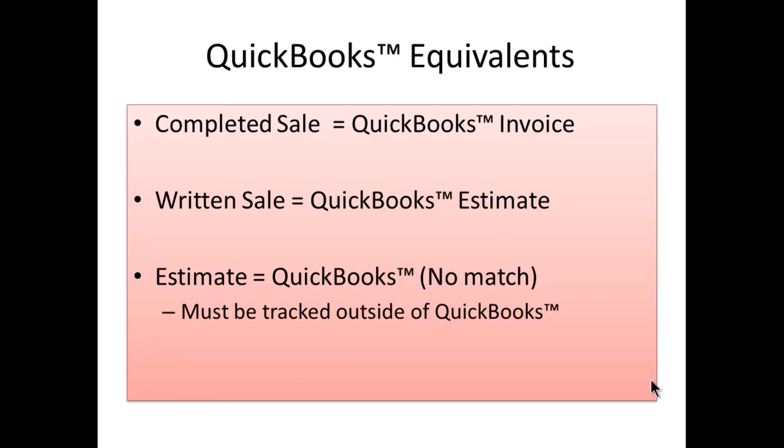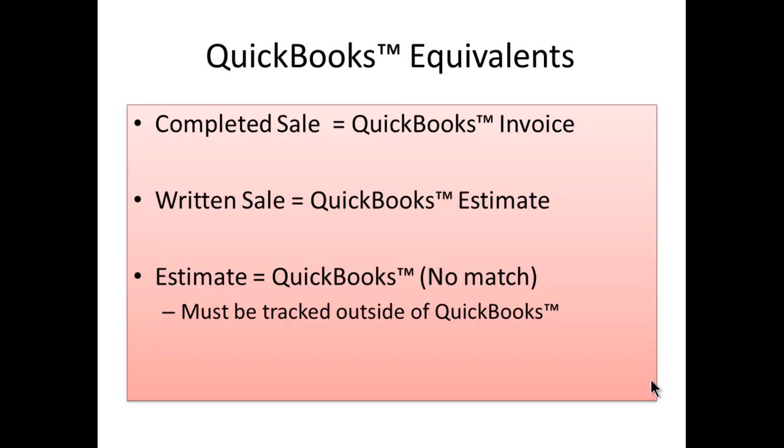Now, if we look at how this matches up in QuickBooks, a completed sell would be equivalent to a QuickBooks invoice. A written sell would be equivalent to a QuickBooks estimate, and an estimate, there is no match in QuickBooks, meaning that you want to keep your written sells and your estimates separate.